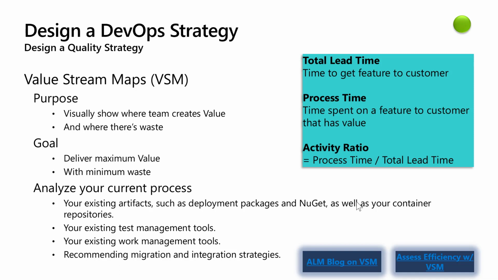So that's really the time it takes for a feature or a full application, if you want, to land in our environment and being used by the customer or the user, the consumer. Process time is the time spent on a feature or again a full application that has value to the customer. And then obviously mapping the two with each other, you're going to build the ratio between the total lead time and the process time, and that's where your efficiency shows up.